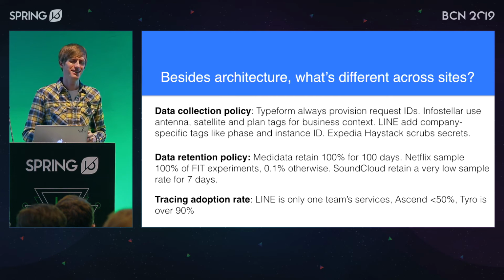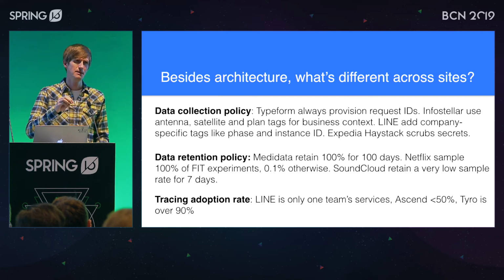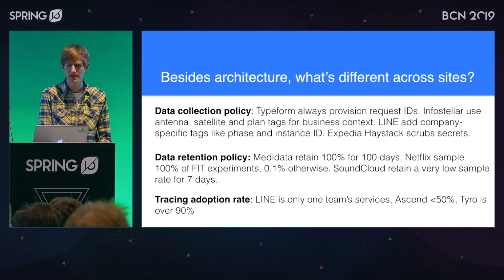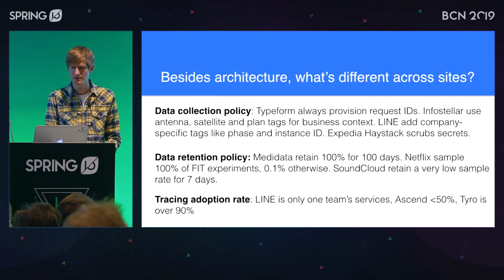So there's data collection policy, depending on whether it's happening inside of the app, like whether you're adding a handler to scrub out some sort of data, or whether you're doing that in a RabbitMQ listener or whatever. Oftentimes there are secrets to scrub.